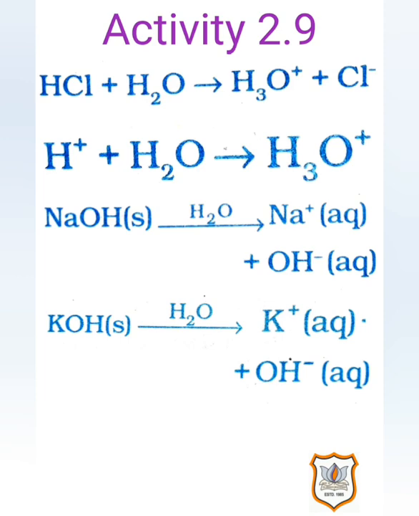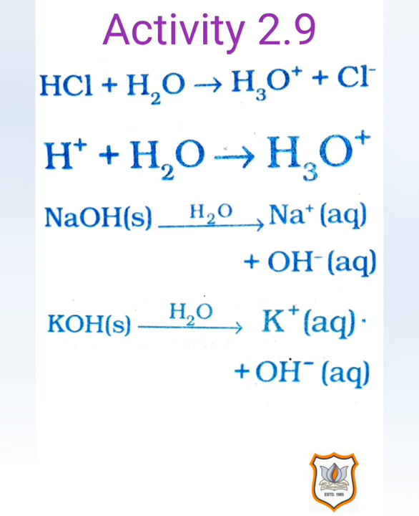Thus, hydrogen ions must always be shown as H plus aqueous, or even hydronium ion H3O plus. How is it formed? The second equation, H plus plus water H2O gives H3O plus, hydronium. Now we have seen that acids give H3O plus, that is hydronium ion, or H plus ion in water.